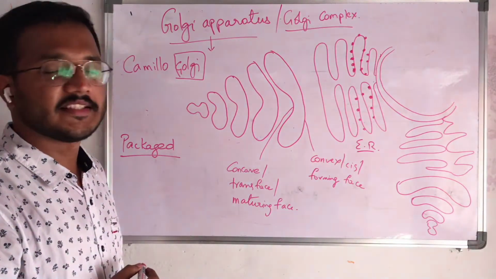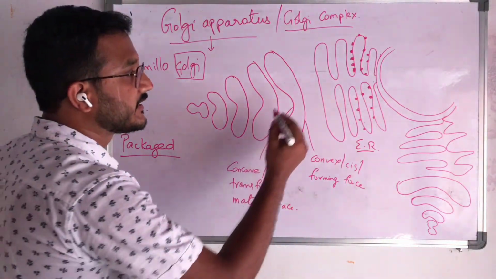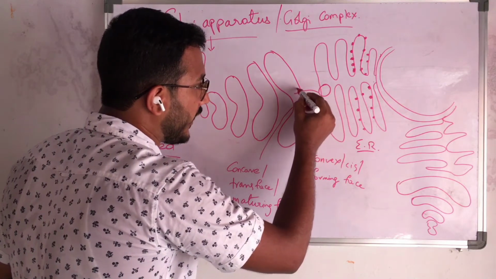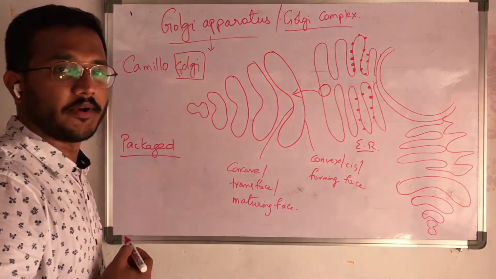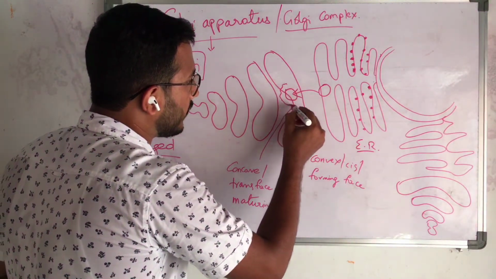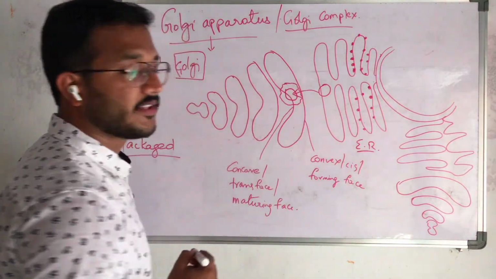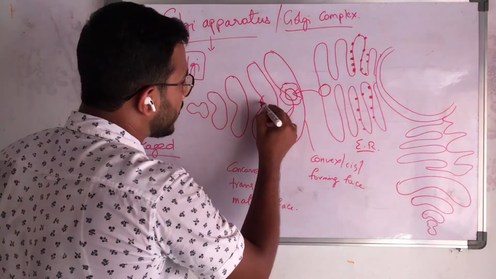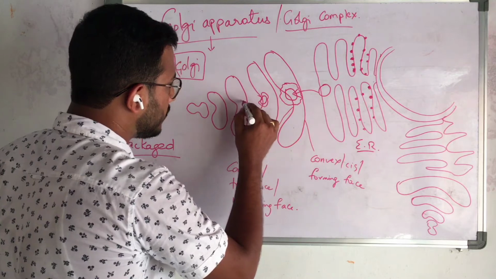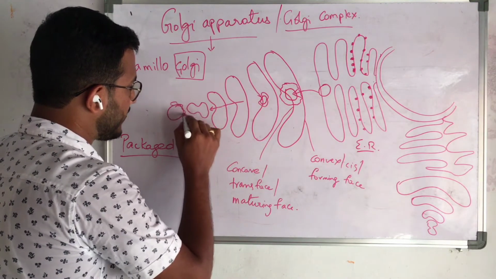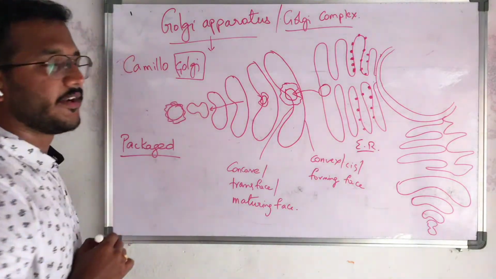For that packaging purpose, the materials secreted from the endoplasmic reticulum enter the Golgi apparatus. Here the packaging takes place to avoid damage to that material. After the packaging, the packaged material will slowly be secreted outside.